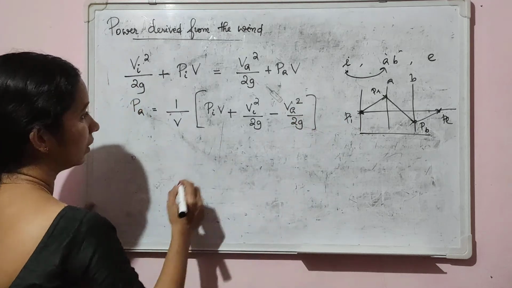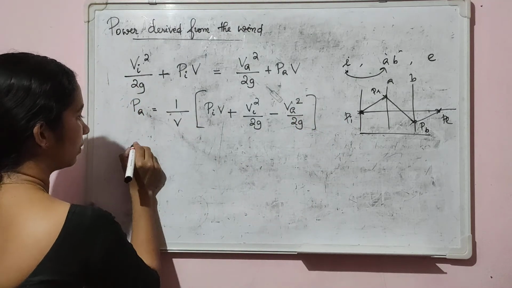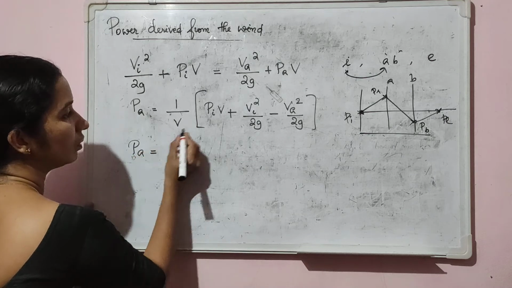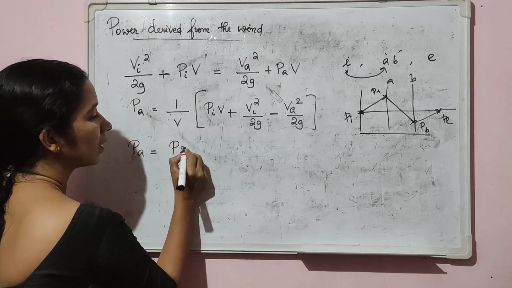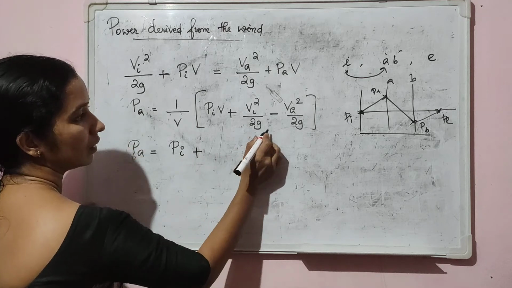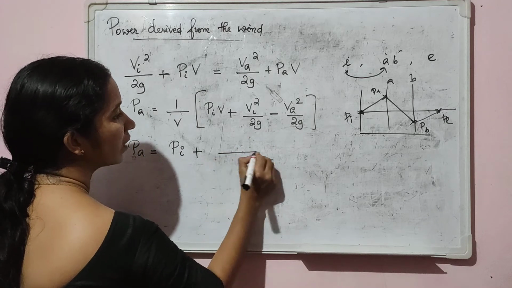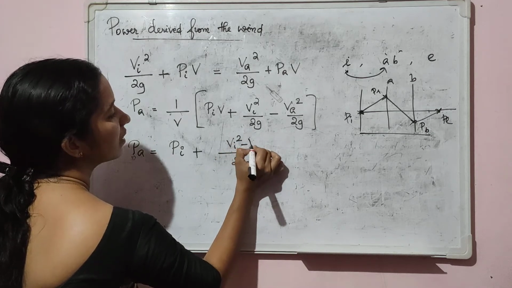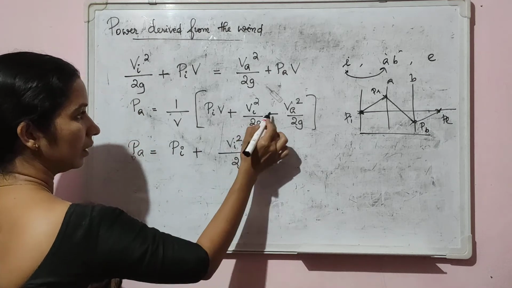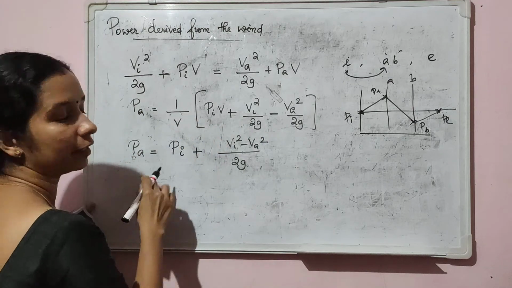Now this V and V get cancelled, so Pa is equal to Pi plus 2G, which can be taken as common, into Vi square minus Va square into 1 by V.